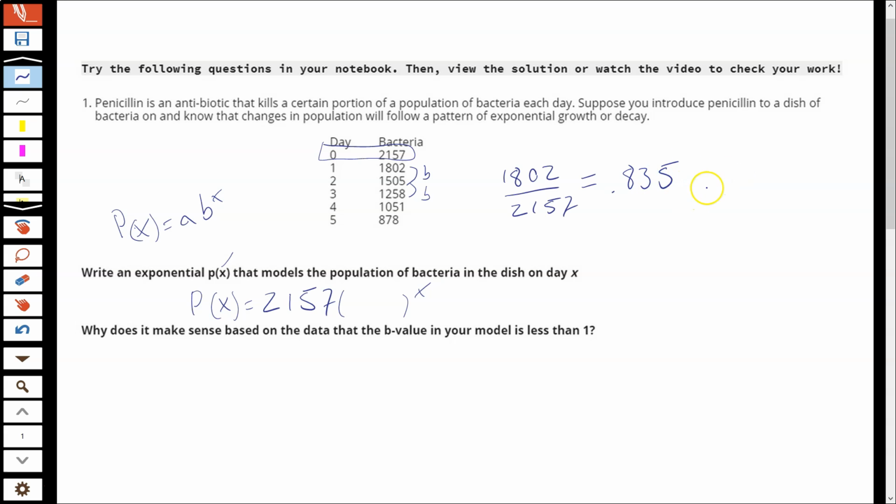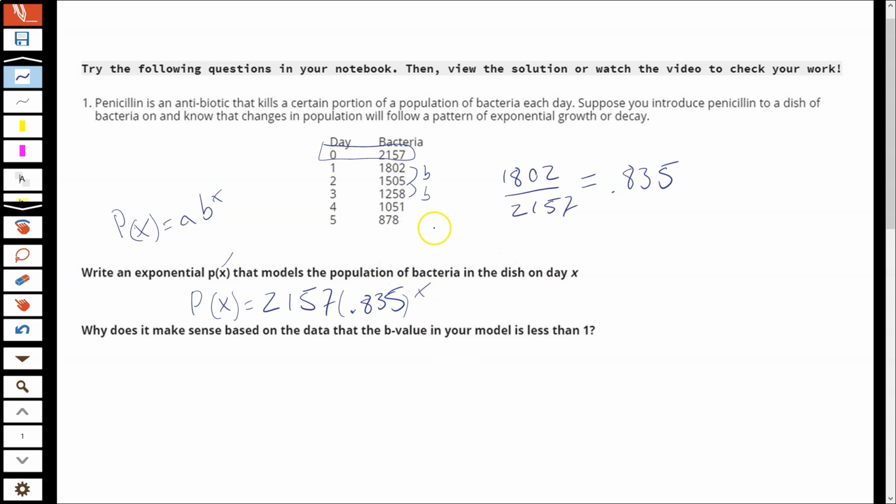The next digit was a 4, so I rounded down. So that's my B value. 0.835 times my first population on day 0 will give me 1,802, and then multiplying by it again will give me 1,505, and so on. So 0.835. And that's my function.